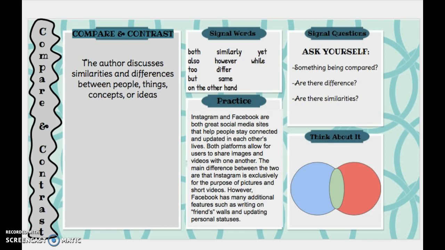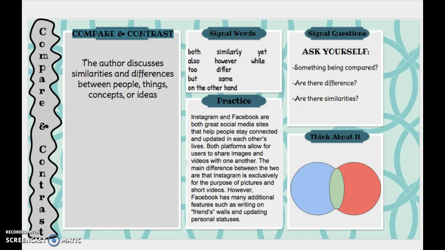Some questions to ask yourself for this: is something being compared? Are there differences? Are there similarities? You also want to ask yourself if you see any signal words. Now, many of these have signal words with them, so if you see the signal words, you're going to be highlighting them within the passage or the paragraph.